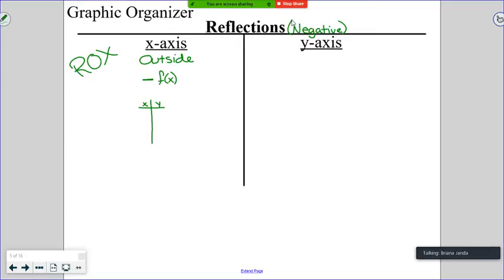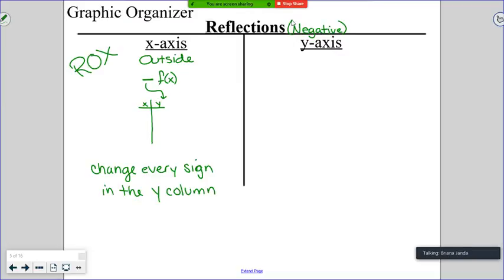It all impacts our graph vertically, which is your y column. So what will I do when I see a negative on the outside of my function? I will go change every sign in the y column.